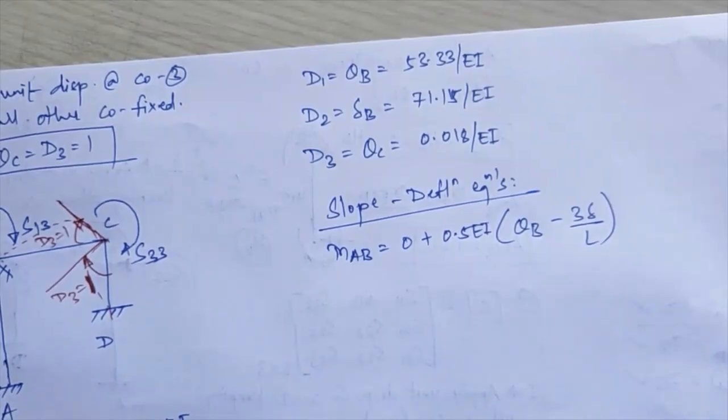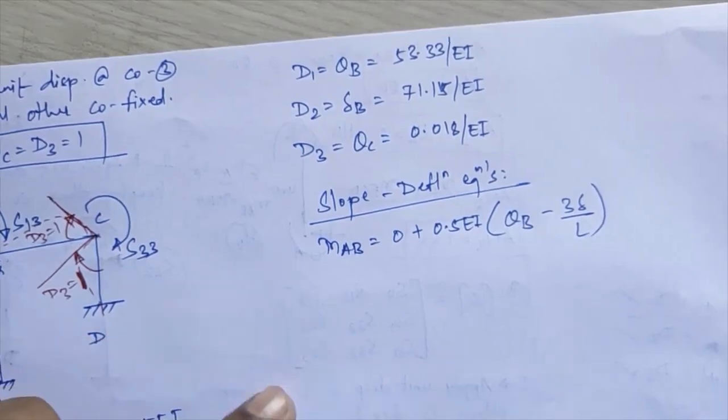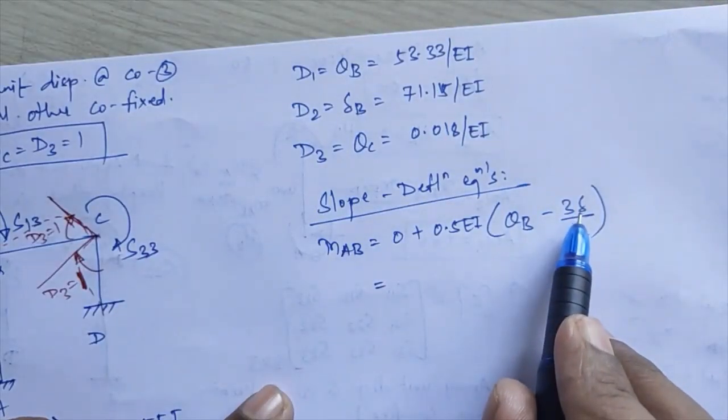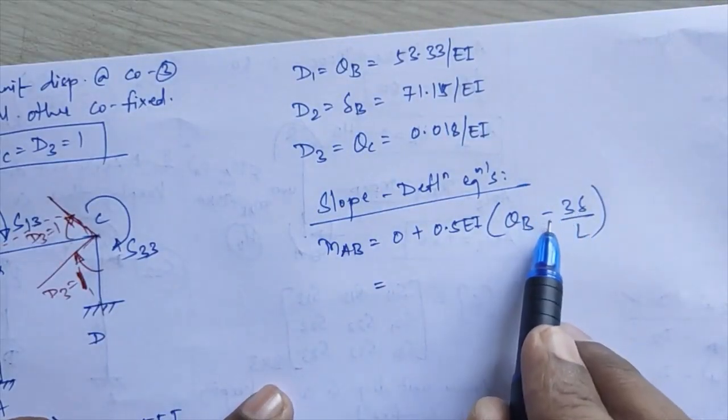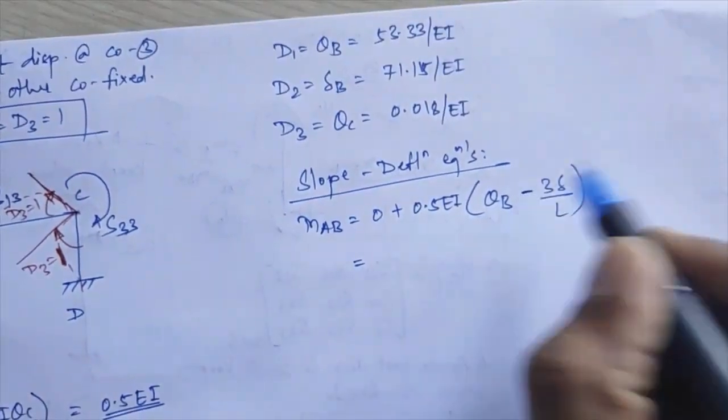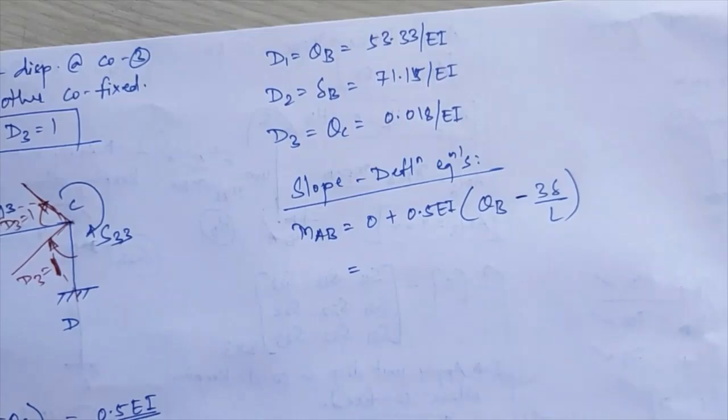You have to consider the delta in your slope deflection equations over there. Now substitute this delta as it is with your sign in this. No need of changing sign, plus or minus, because if your frame is swaying towards right, this will always come minus 3 delta upon L. If the frame sways towards the left, this will come plus over there.